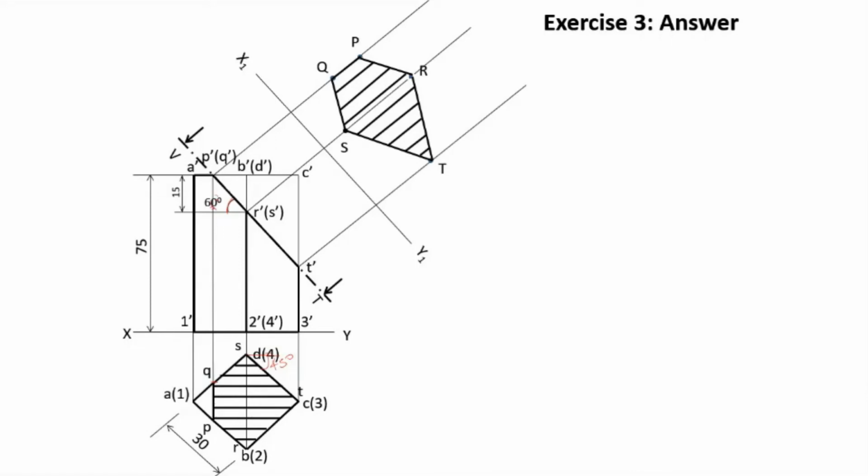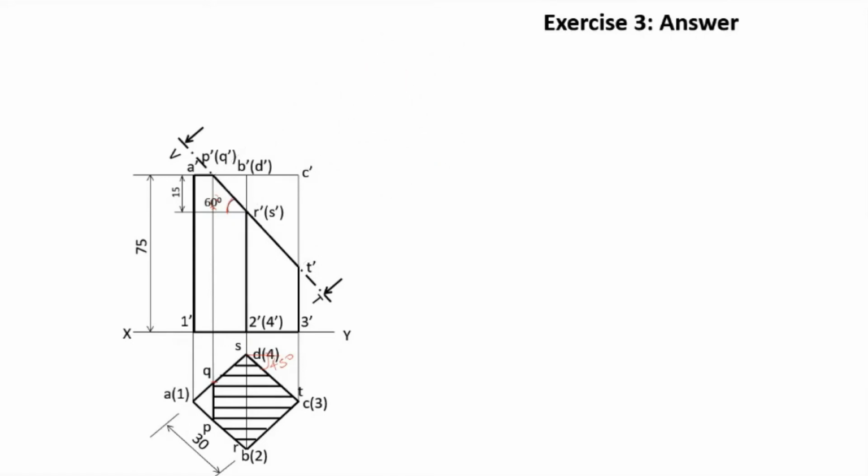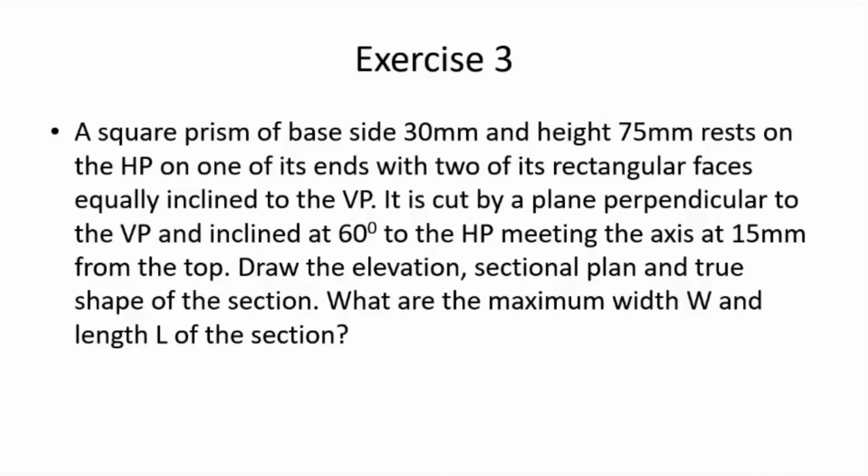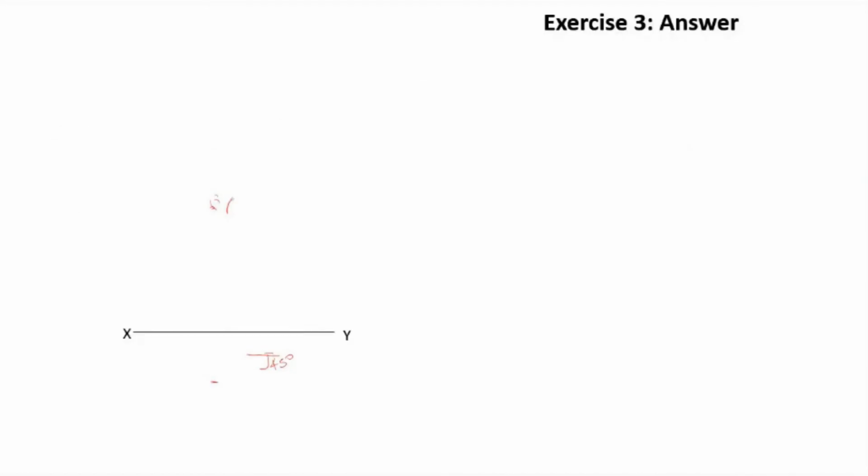I'll explain once more. First you draw the XY line and with the XY line you draw the top view, where the edges of the top view make an angle of 45 degrees with each other.